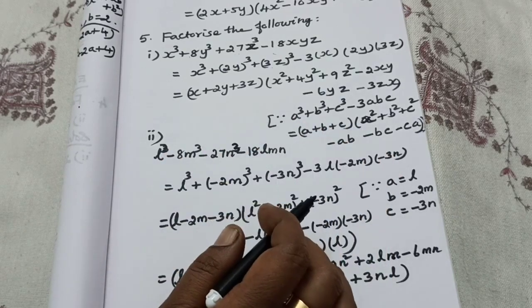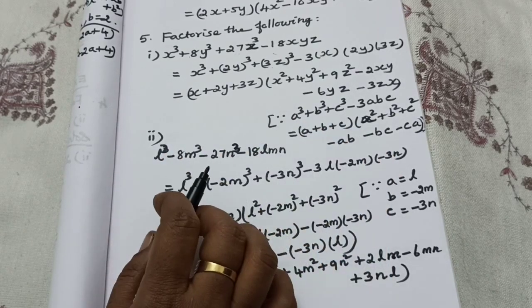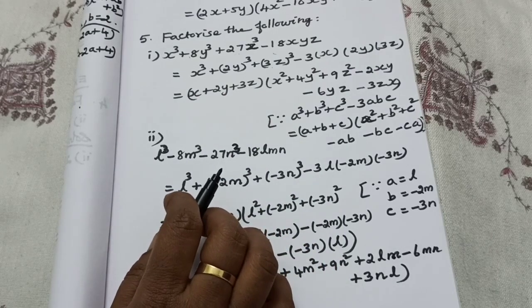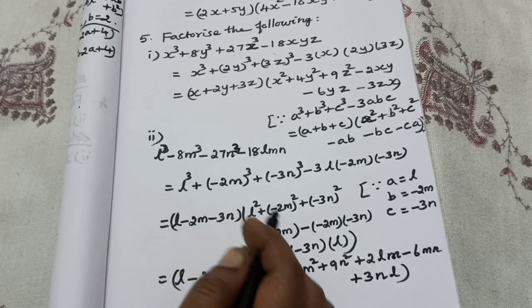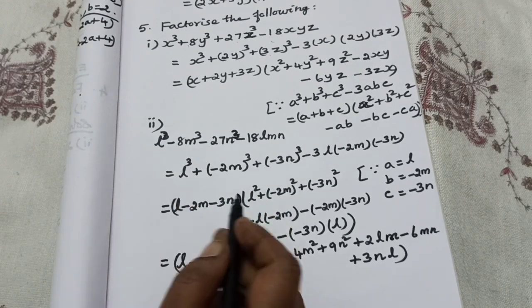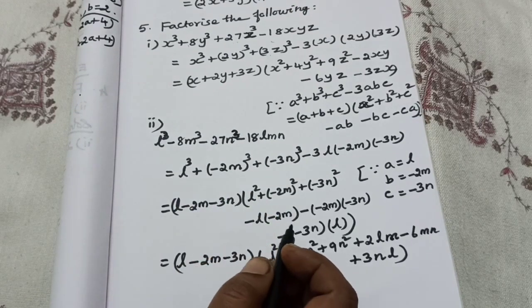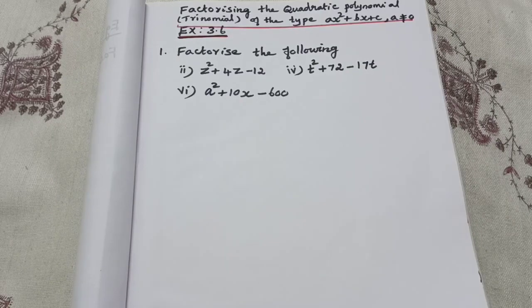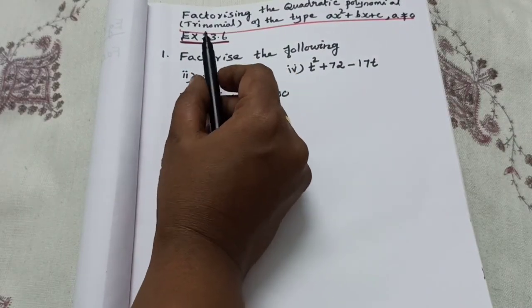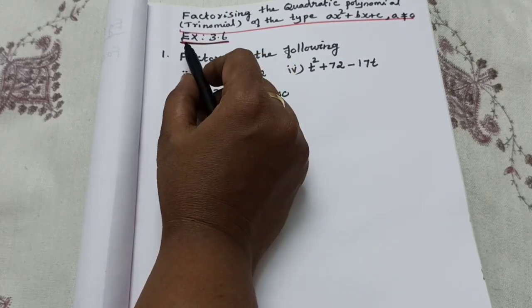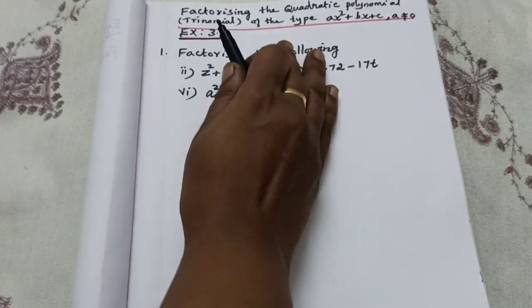Then practice it. Factorization is a very important chapter, and next year also it is very useful for you. Don't omit these, they are the basics. Very good. You have completed 3 exercises. Up to 3.5 we have completed, isn't it?